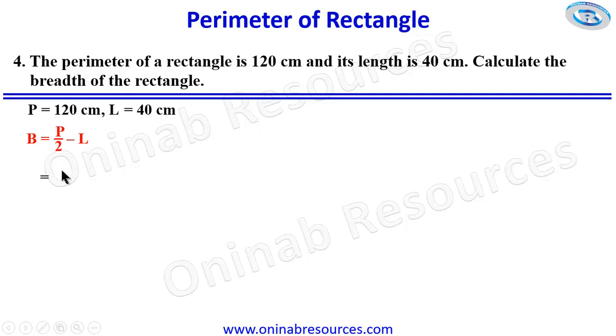That's going to give us 120 divided by 2 minus 40. 120 divided by 2 gives 60. 60 minus 40 gives 20 centimeters as the breadth of the rectangle whose perimeter is 120 centimeters and the length is 40 centimeters. And that's all for problem 4.